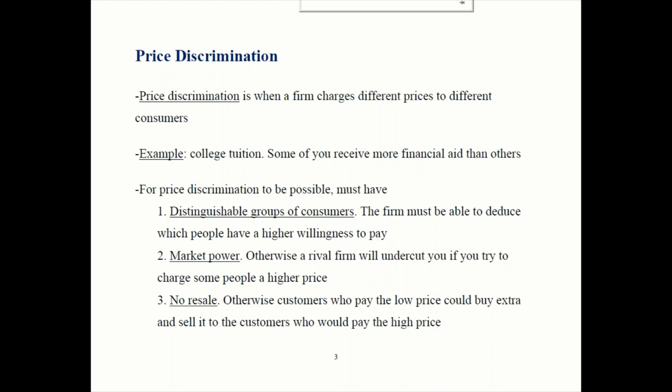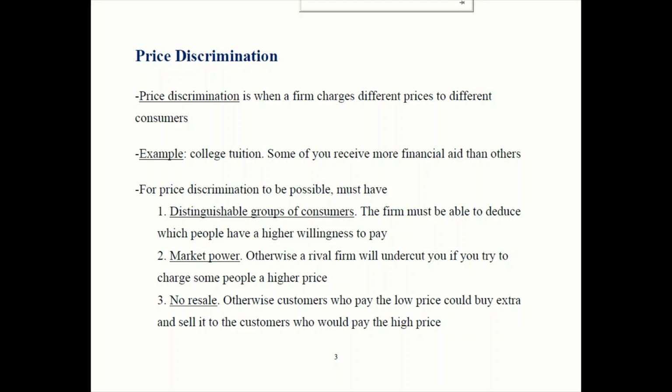Those consumers end up going to your rivals and you'll lose business. So you have to have, at the very least, market power. Probably you need a monopoly in order to make this work in many cases. Again, otherwise if you don't have a monopoly, then your rivals can just reduce their prices below yours and take away all your business.